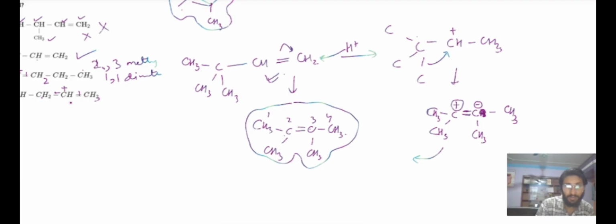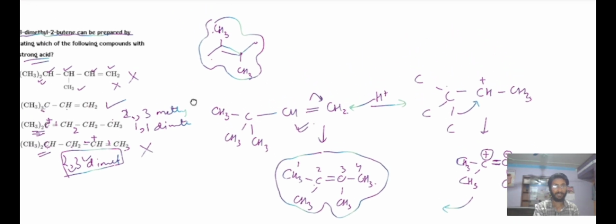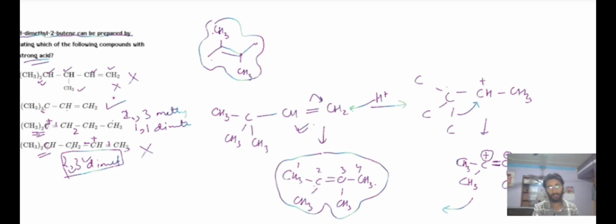If you name this compound, it would never be 2,3 dimethyl, as both the methyl groups are attached to the same carbon. So the substituents can never be on the second or third carbon, so this can never form the desired product either. So option number second could be right for this product.